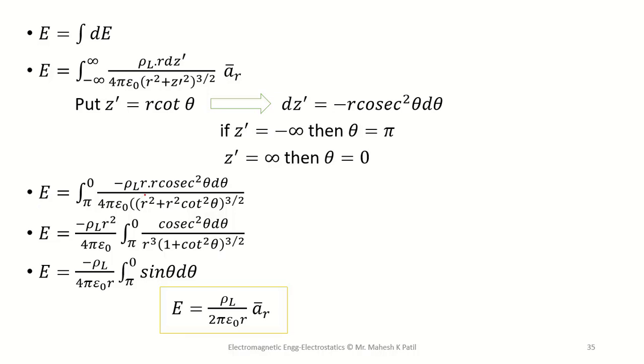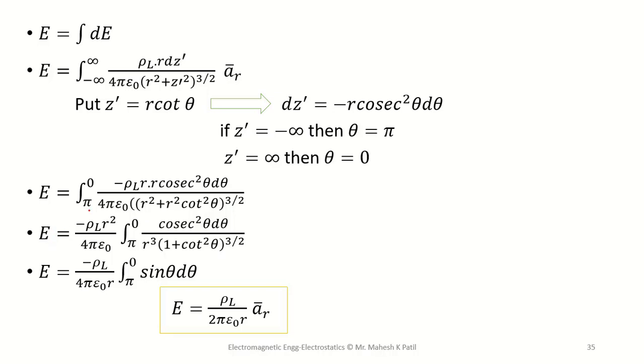minus rho L r dz', where dz' is minus r cosec squared theta d theta, divided by 4 pi epsilon naught in bracket r square plus, now z' is r cot theta, therefore z' square will be r square cot square theta, raised to 3 by 2.